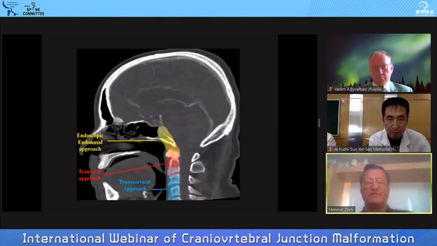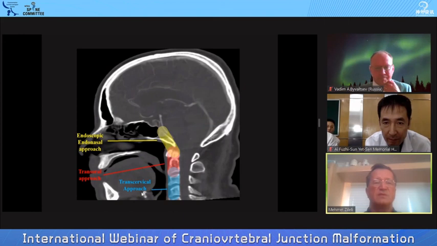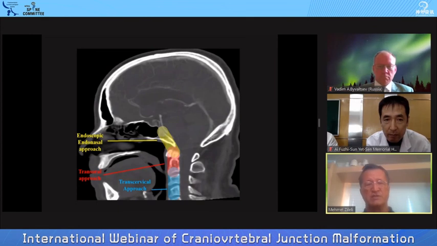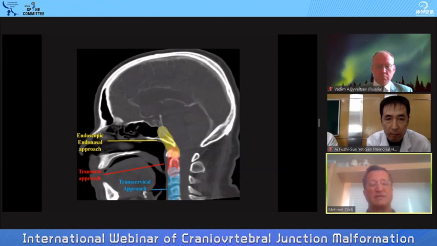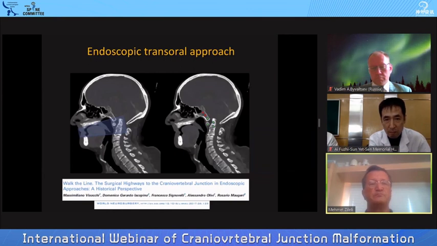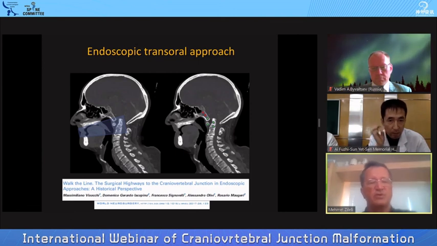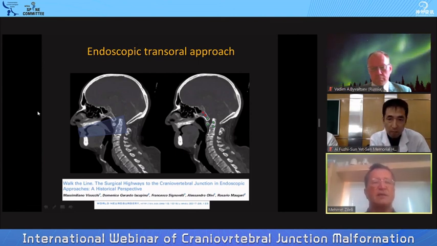In the last 10, 15 years, we have learned that we can decompress the craniovertebral junction anteriorly with endoscopic techniques. One of them is the endoscopic endonasal approach. The other one is the transcervical approach, and the endoscopic transoral approach may also be done. One of our speakers, Dr. Visocchi Massimiliano, has a very nice paper describing their advantages and disadvantages.